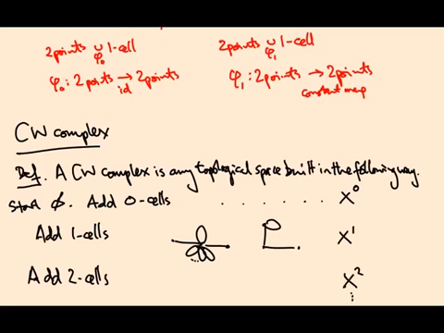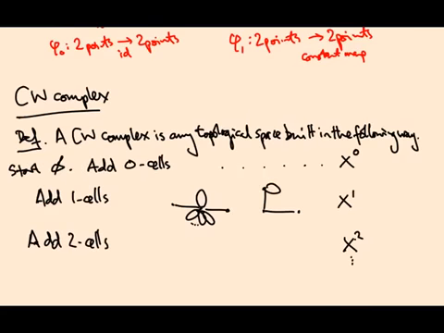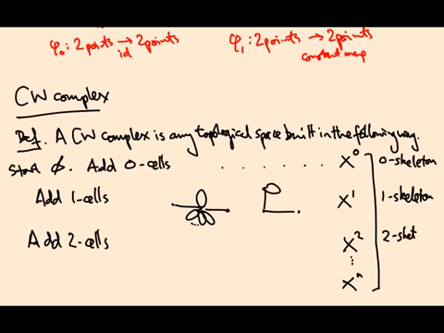Dot dot dot, which means I continue in this manner, forming spaces X0, X1, X2, X3, etc. And these spaces are called the skeleta. So this is the 0-skeleton, this is the 1-skeleton, this is the 2-skeleton. And at each stage, you're attaching your n-dimensional cells to the (n-1)-dimensional skeleton.